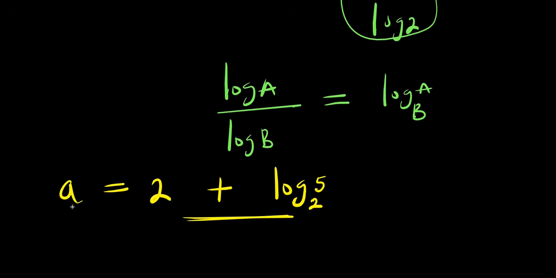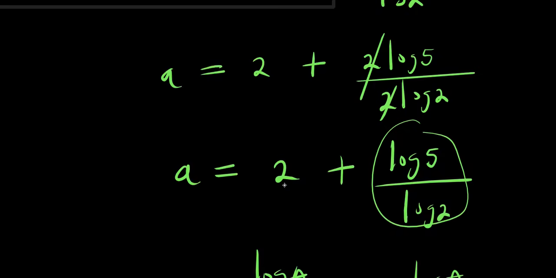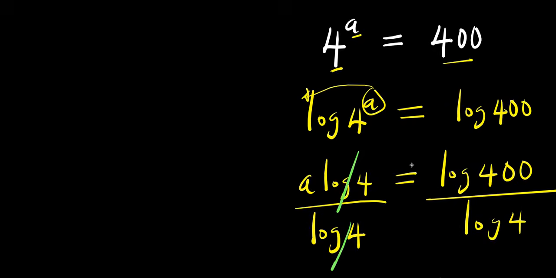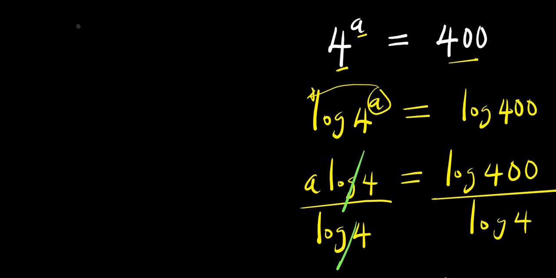Now the next thing is to insert this for a in the original equation, and let's check if it's going to satisfy the equation. So we come over here, we have check.